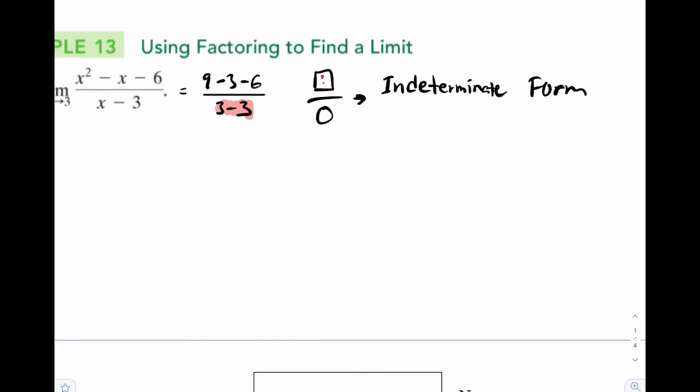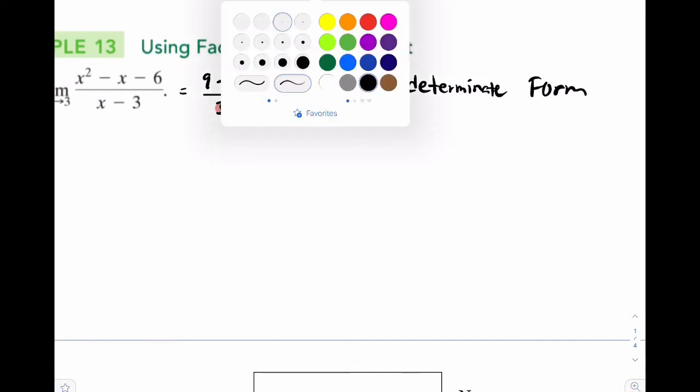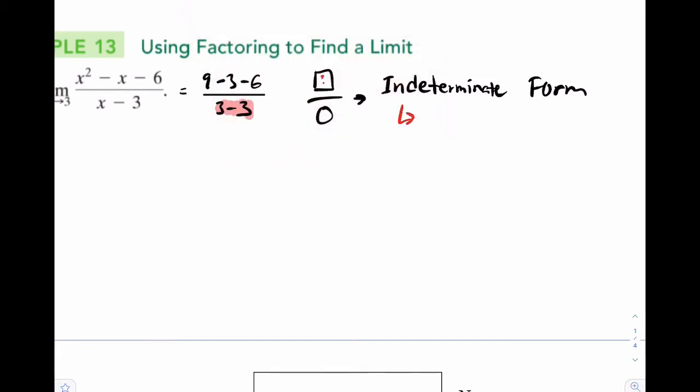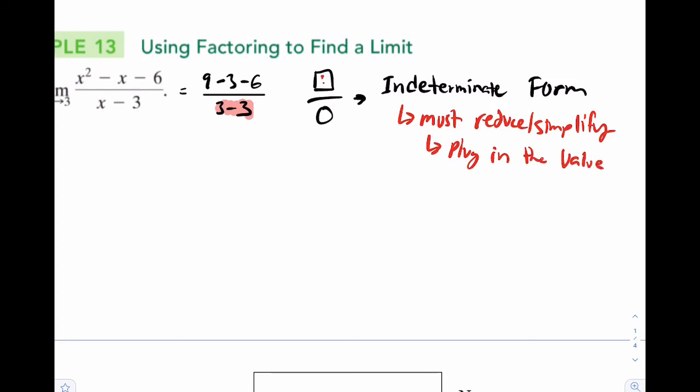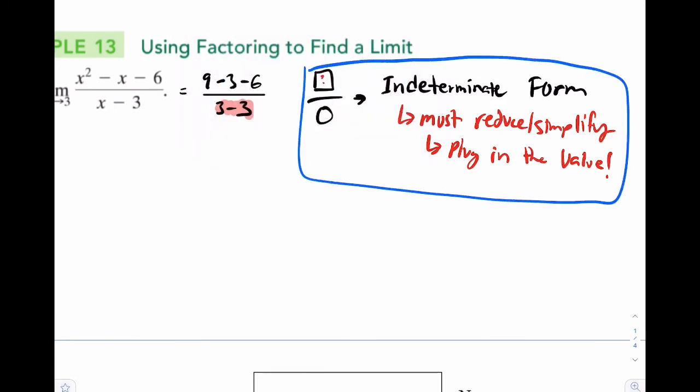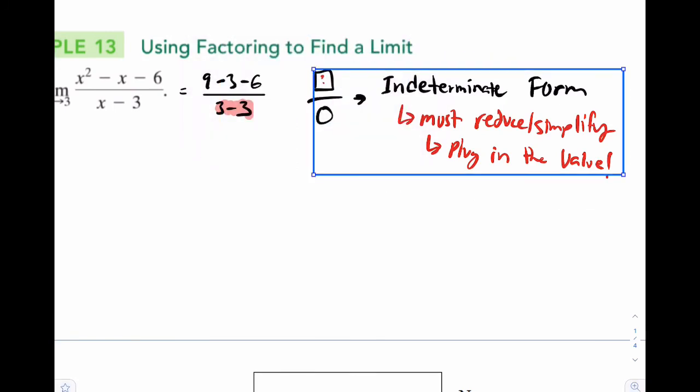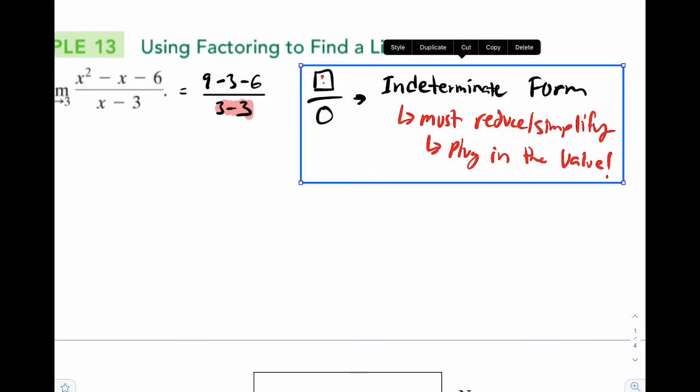So if that happens, this is what you do. You must reduce or simplify. After you've done that, then you plug in the value. So notice our goal is still to plug it in, but we have to figure out a way to reduce it or simplify it so that we can plug it in. So make sure you put this big box.